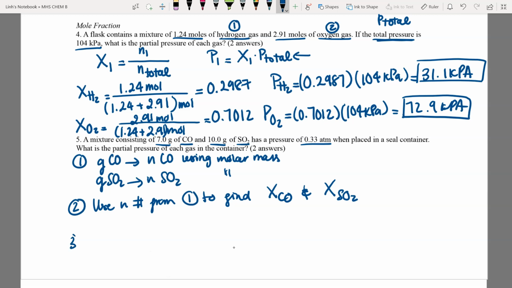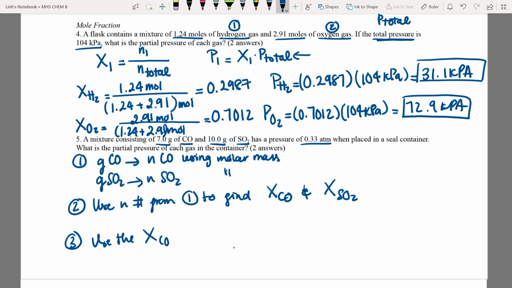Then step number 3 is to use the mole fractions of CO and SO2 to find the partial pressure of CO and the partial pressure of SO2. Just follow these steps and you should be able to get the answer that's in the answer key. In fact, one of these we have already done in class, so take a look at your notes to see how that's done. Go ahead and do that.